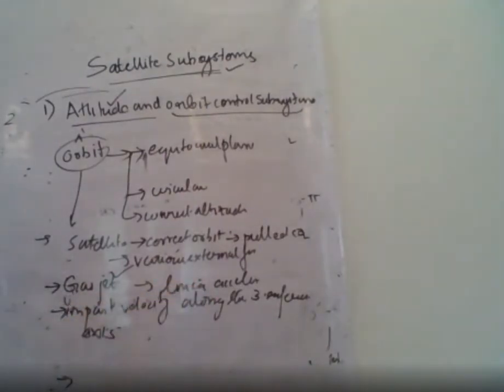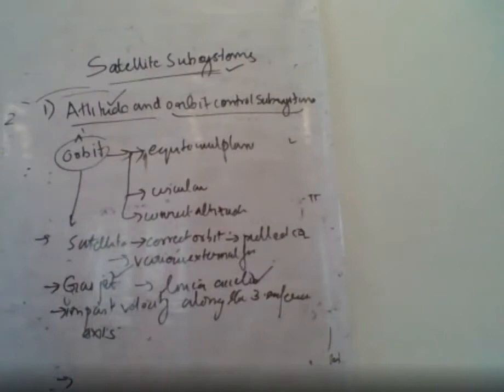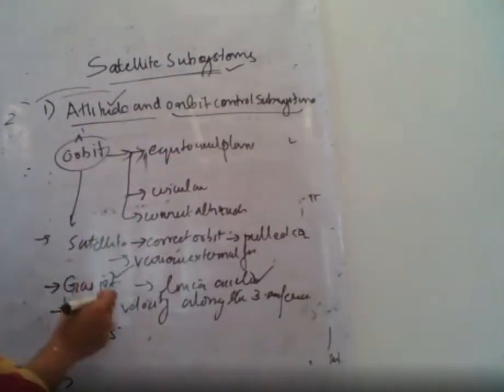We cannot use a momentum wheel here, since we require linear acceleration, and a momentum wheel cannot achieve linear acceleration. So instead of a momentum wheel, we use a gas jet for the orbit control subsystem, and it imparts velocity along the three reference axes of the satellite.